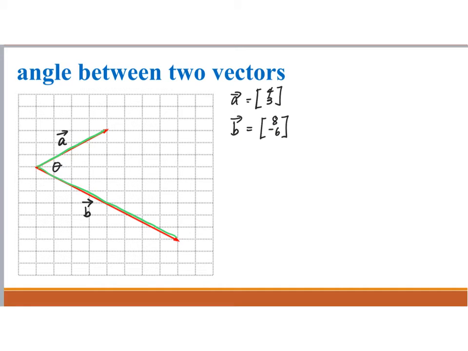And also, because this side is just negative A plus B, this vector is negative A plus B. Given the components, we are then able to find the components of negative A plus B. And once we have those components, we will also be able to get the length of that side, which is now forming the third side of the triangle.